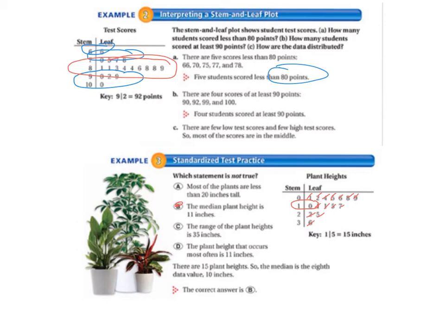The range of the plant heights is 35 inches, so we can see that 36 minus 1 is 35. The plant height that occurs most often is 11 inches. When we look at our stem and leaf plot, we can see that there are 2 11-inch plants and everything else only occurs once. And so it says that the correct answer is B, just as we suspected.